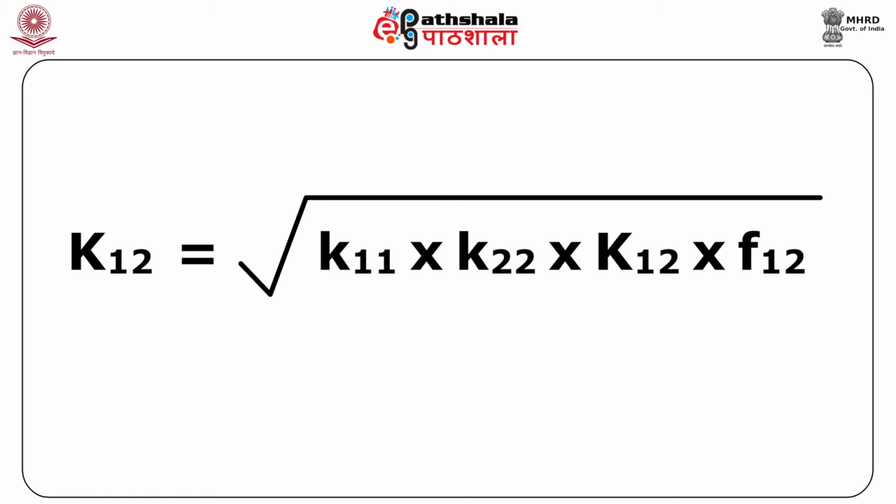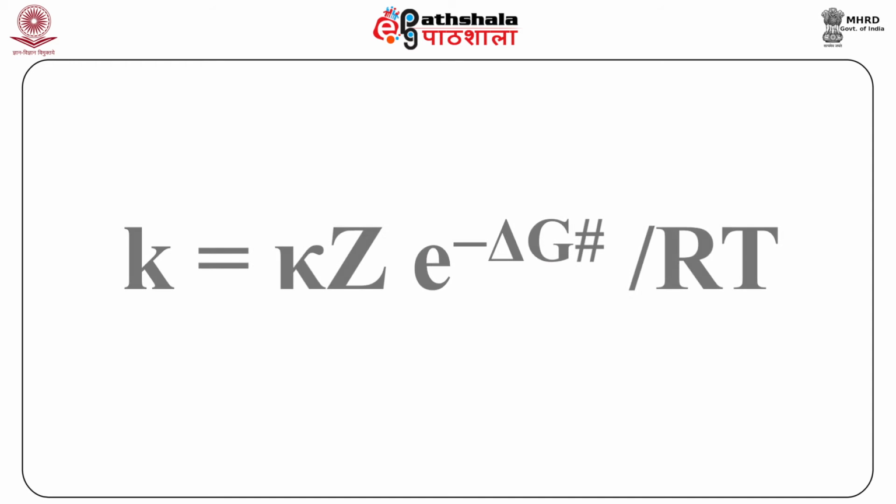Alternatively, k11 and k22 can be obtained theoretically. So the equation is k equal to chi Z e to the power minus delta G dash by RT. E0 is the reduction potential for cells.